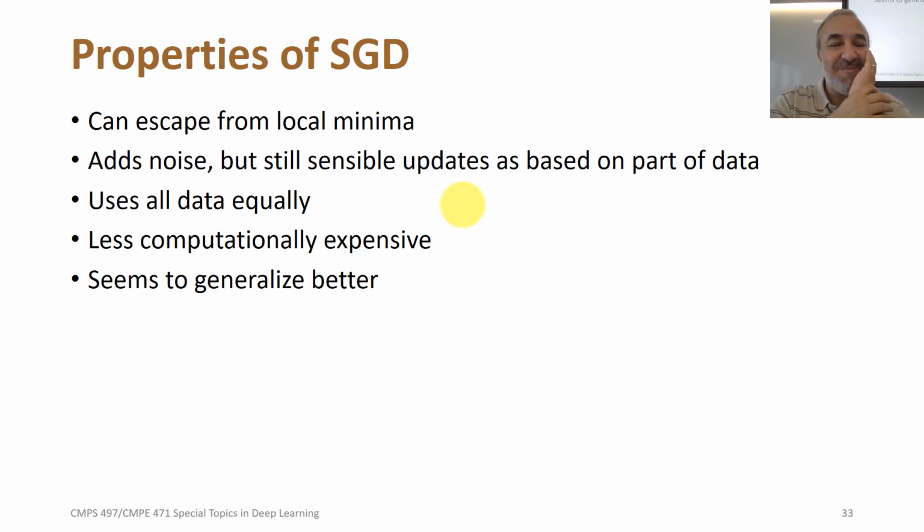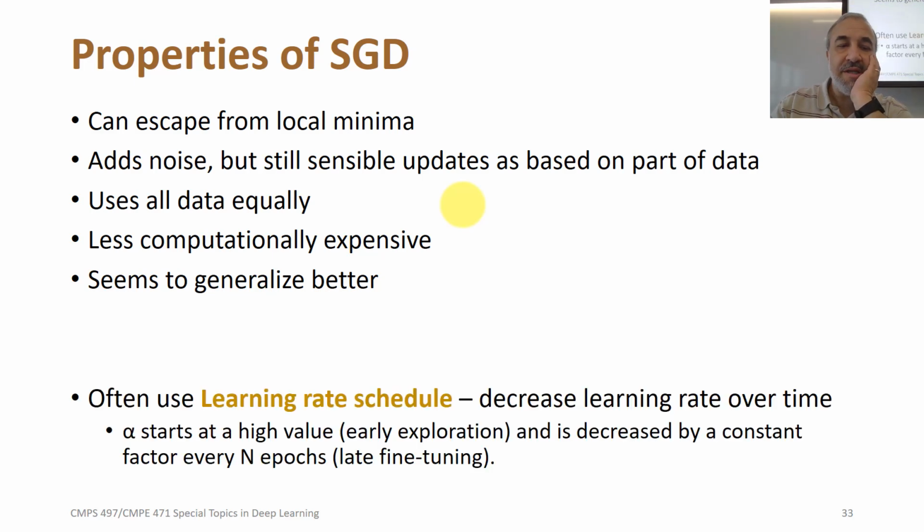Right. And in practice, it was found experimentally that stochastic gradient descent can find models that can generalize better than gradient descent. In practice, also, usually stochastic gradient descent is done with what we call a learning rate schedule.